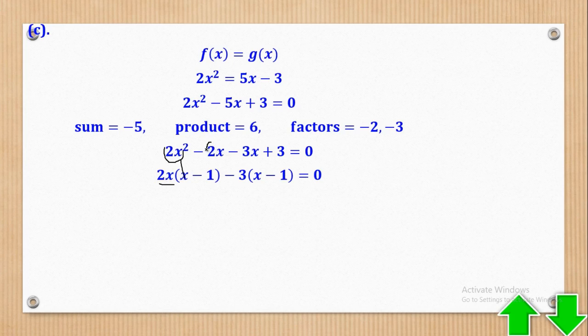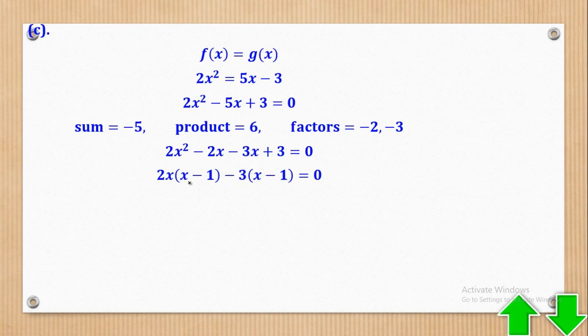Then 2x divided by 2x, we get 1, so this minus is still there, and that 1 is put there. Then for this part, negative 3 is common, so negative 3x divided by negative 3, you come up with positive x, which is here. Then positive 3 divided by negative 3, you come up with negative 1, which is there.